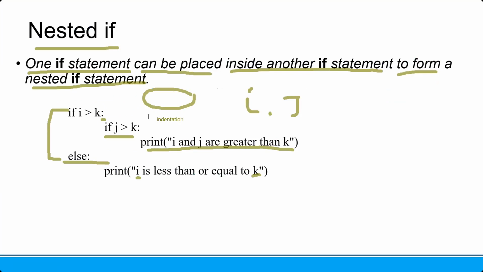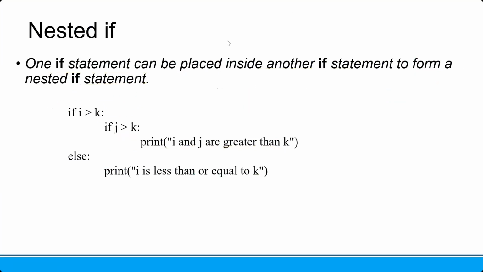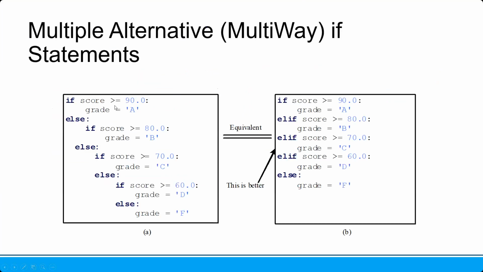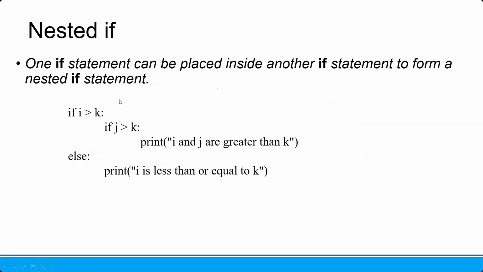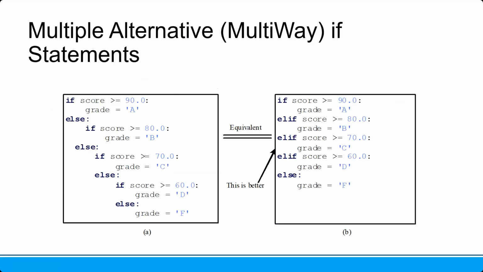This indentation will indicate that this else belongs to this if, so if the condition is false, we will do this one. Okay, we will check with some examples later.